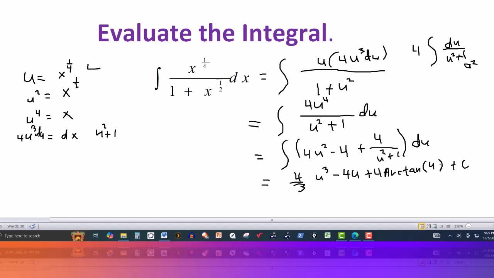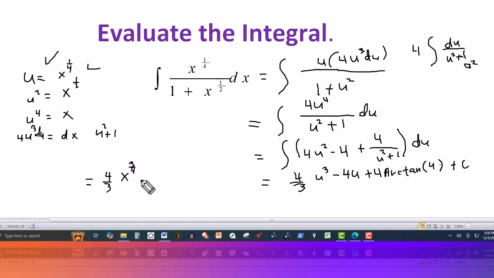But we want it in terms of the original variable. So all you really have to do is plug in what u is. Right here u is x to the 1/4. So I'll finish it over here. This is equal to 4/3, and u is x to the 1/4, so you cube that, that gives me x to the 3/4.